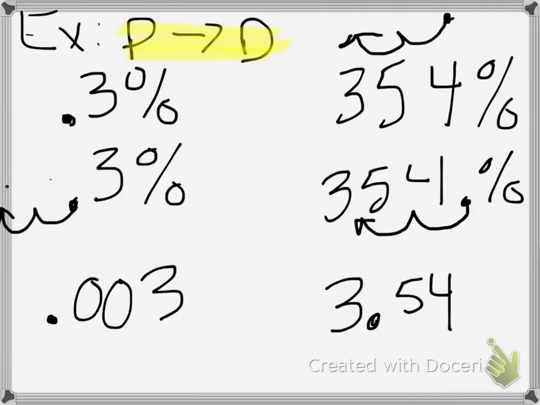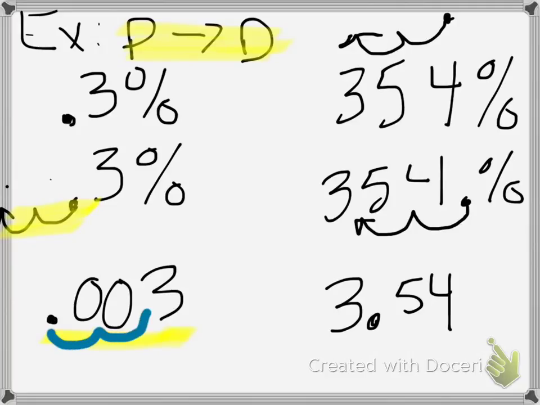We start with 3/10 of a percent, just like the last one, but now we're changing it back to a decimal. You can see here we move 2 to the left to make that mustache, and we end up with 0.003. You can see the move to the left.